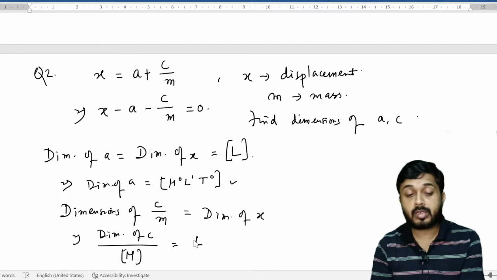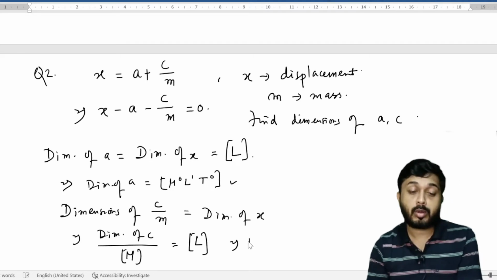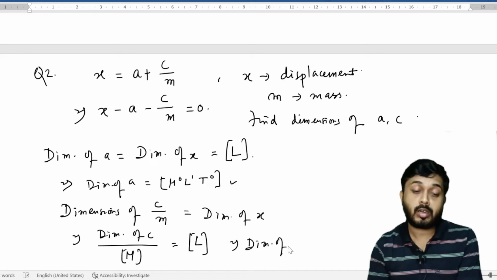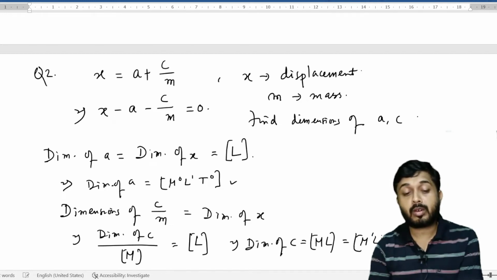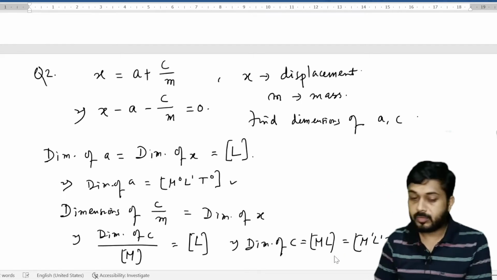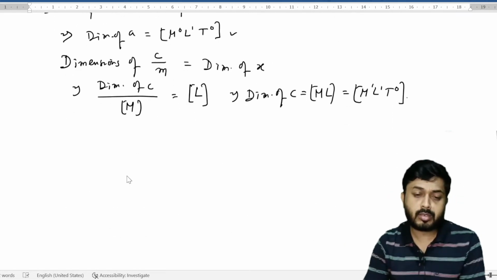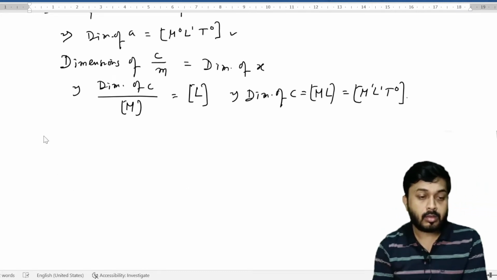Dimensions of x, what does that mean? X is displacement, that is length. From here we are getting dimension of c equal to ML, isn't it? So we can write it as M to the power 1, L to the power 1 and T to the power 0. Is it clear? Yes, that should be the dimension only. Let's come to the next one.